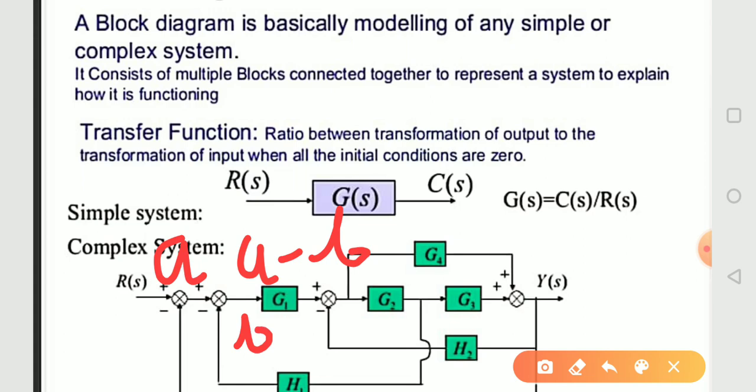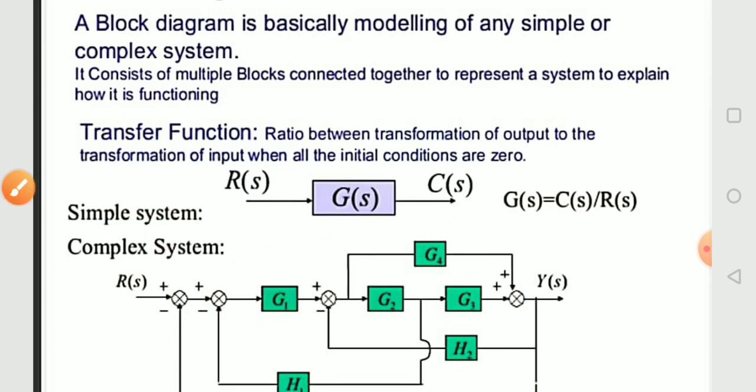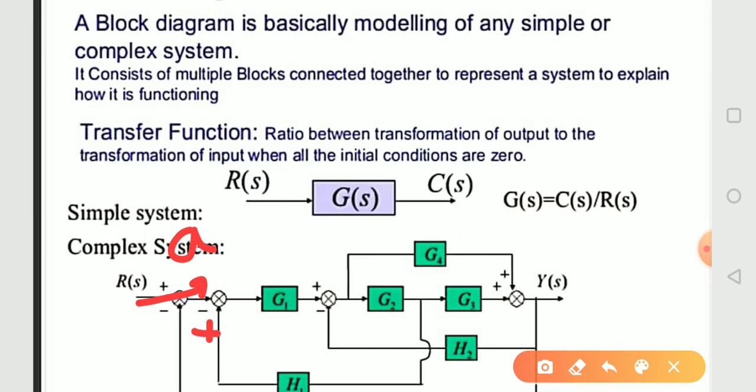This is called the mode of subtraction. And if the signal is A here and the sign is positive, not negative, and B is coming from here, then the output will be A plus B. This is called the mode of addition.